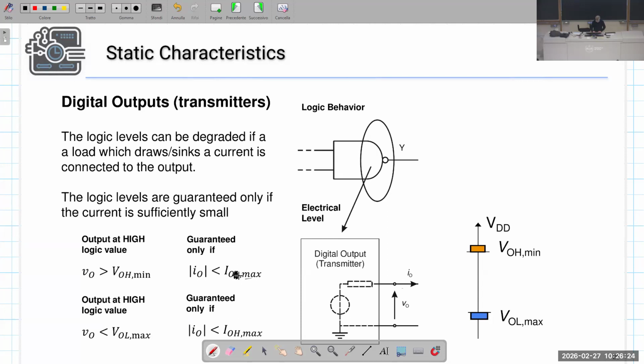At the high level it is IOH, at the low level it is IOL. Okay? H stands for high level 1, L stands for low level 0.